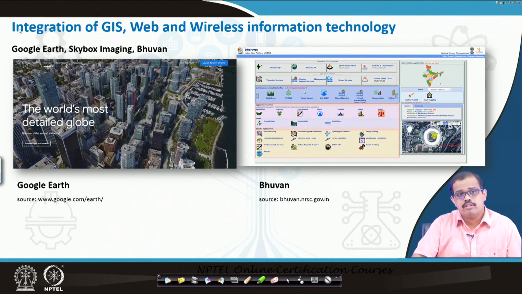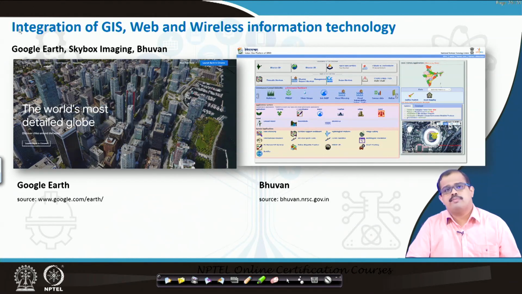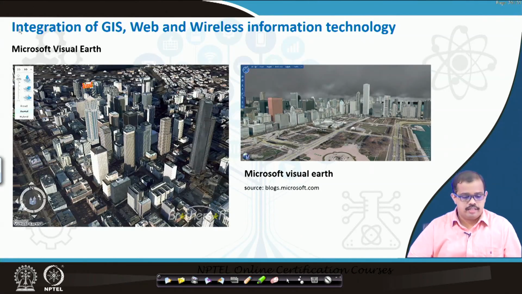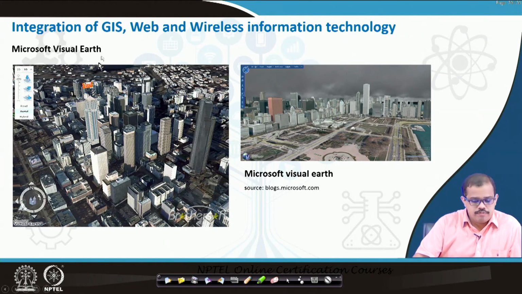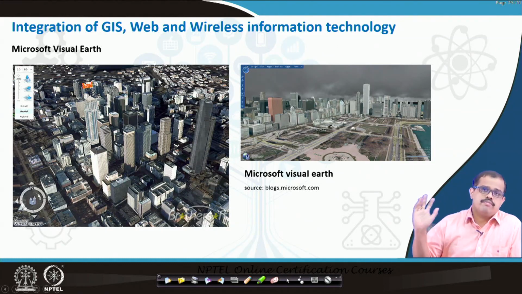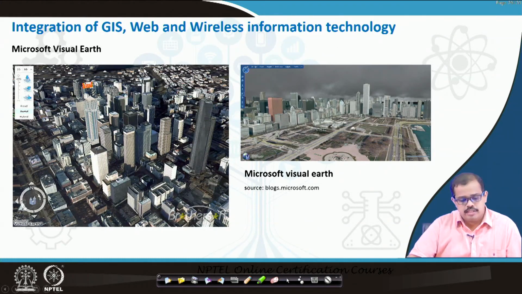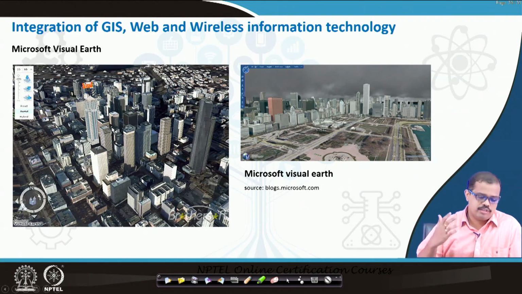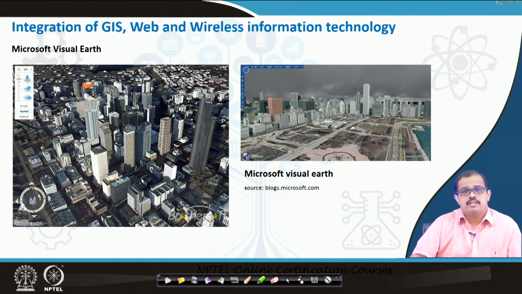Then you have Skybox Imaging. These are certain places where you can get a huge lot of data. And Microsoft Visual Earth is also a web based browsing system where you can understand and visualize different earthscapes using a browser.